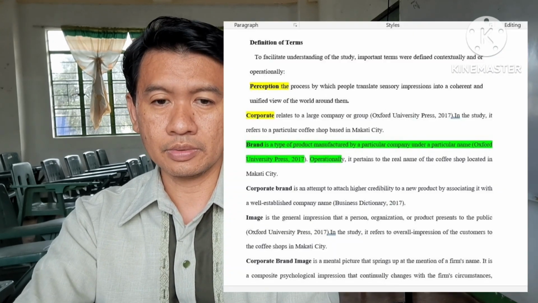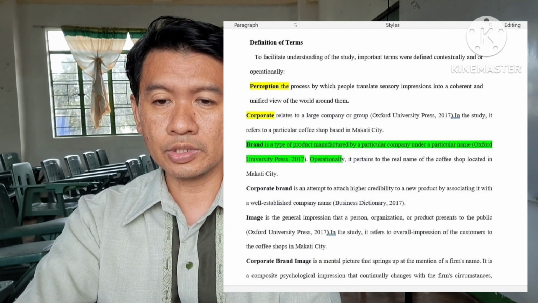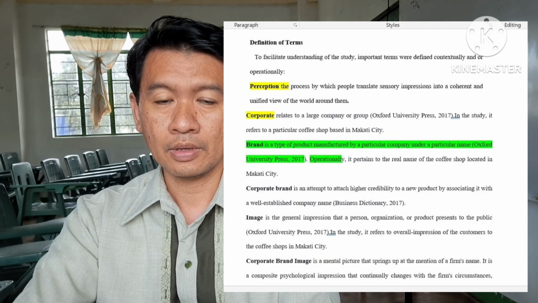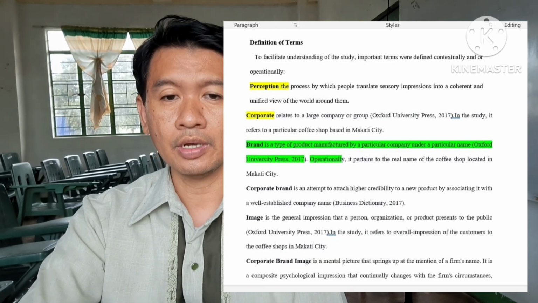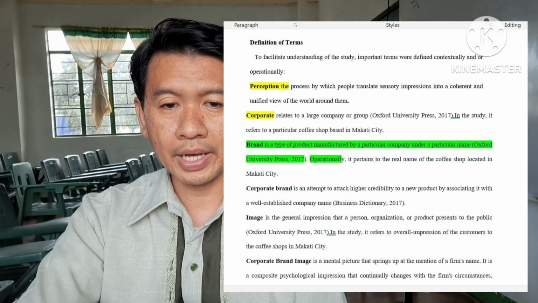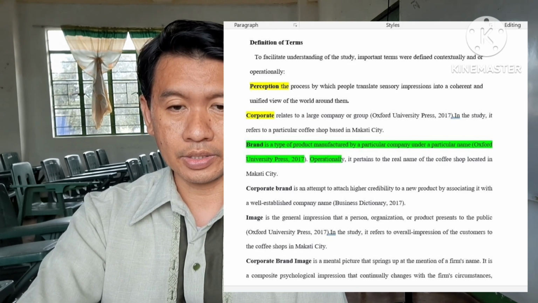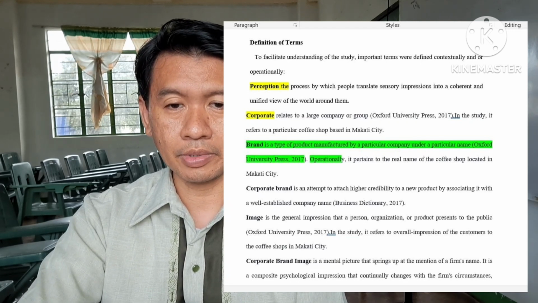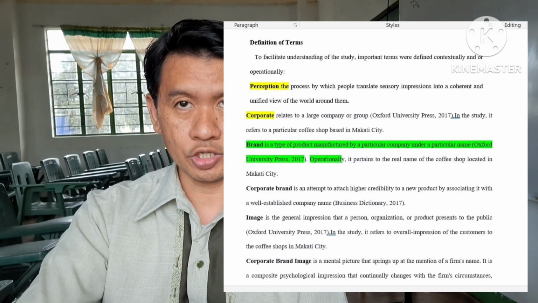Definition of terms. To facilitate understanding of the study, important terms were defined contextually and or operationally. So in our definition of terms, we have the perception, corporate brand image, level, customer satisfaction, stylish, customer satisfaction, loyalty, coffee shop.